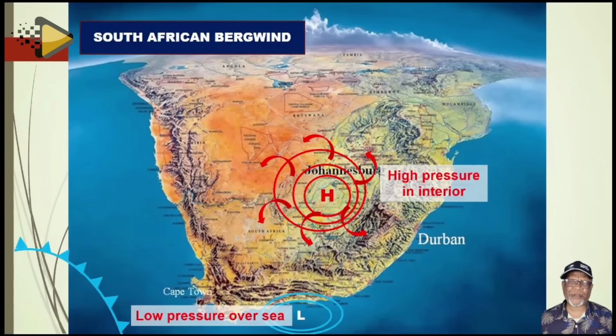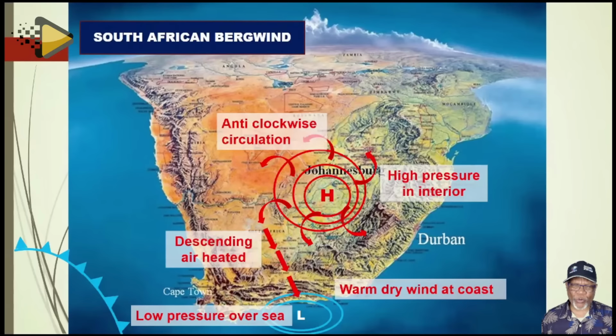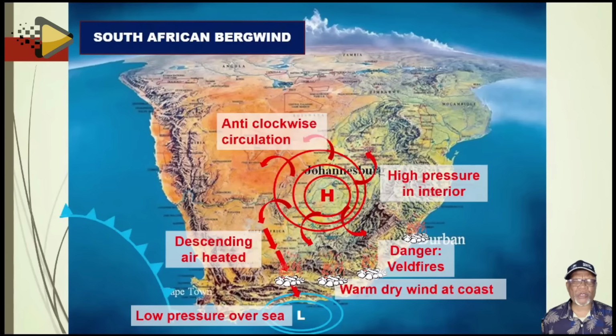All of them uproot plants, cause soil erosion, destroy habitats, disrupt ecosystems. But with South African berg winds, it will be through fire that will exist there. It will be through different ways, but the impacts will be the same on the natural environment for berg winds, mid-latitude cyclones, tropical cyclone, and line thunderstorm.